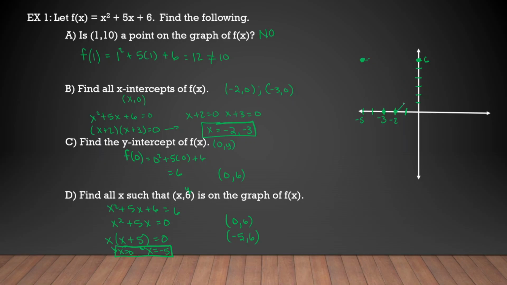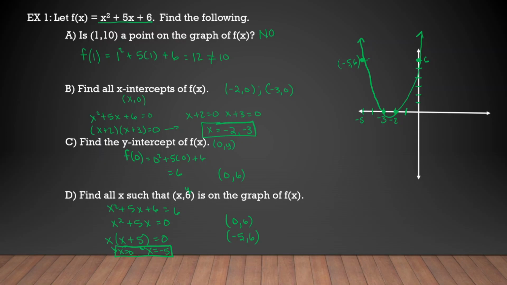And then I'm going to connect the dots. Now I know, or you may remember, that this is a quadratic equation, so it graphs like a parabola. So that gives me a sketch of what the picture would look like. And notice I have labeled a few points. I've labeled my grid. I can read that graph.